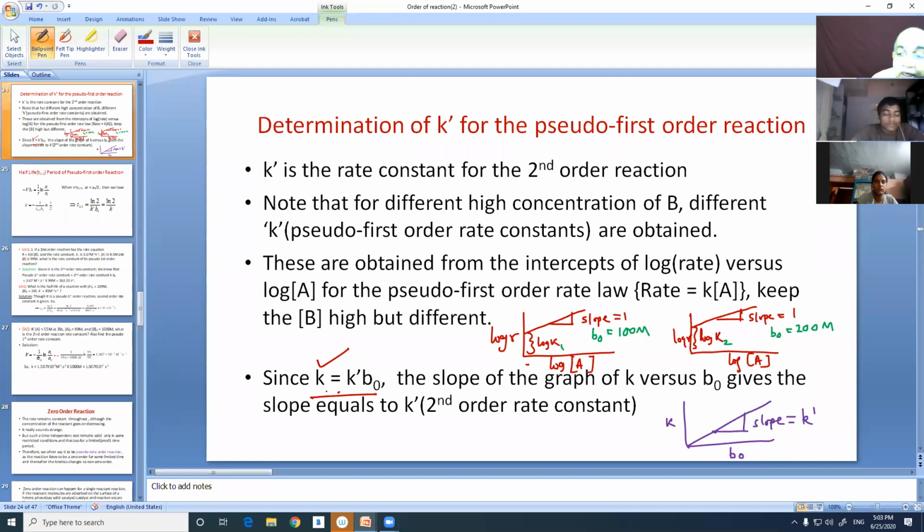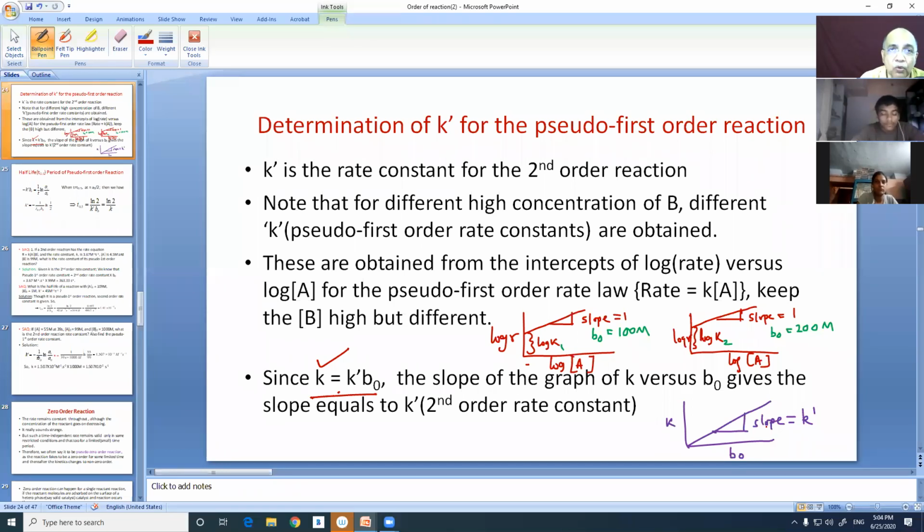You get a straight line passing through the origin, and the slope of that line will give you the second order rate constant. This is a very finer analysis: what could be the second order rate constant if you really treat it as a second order reaction?